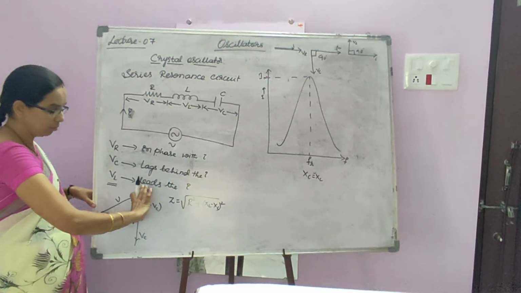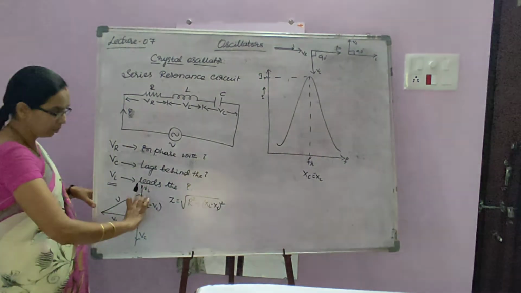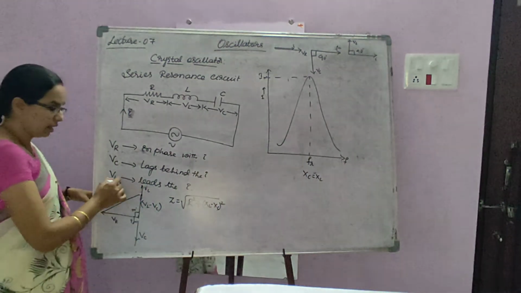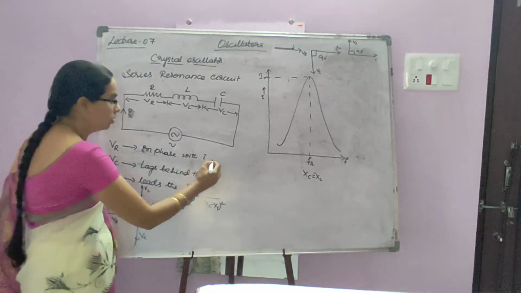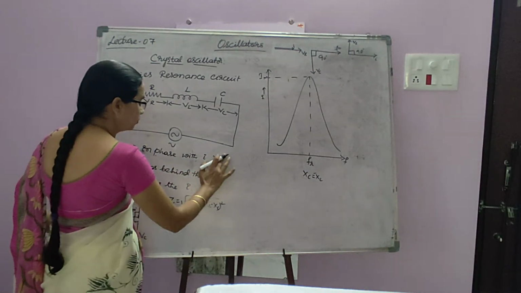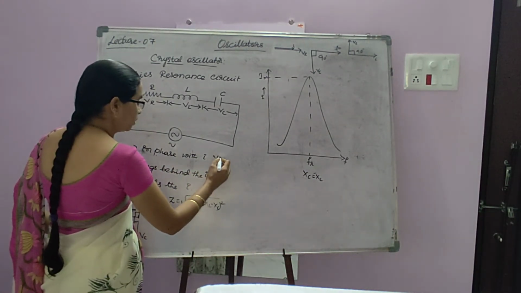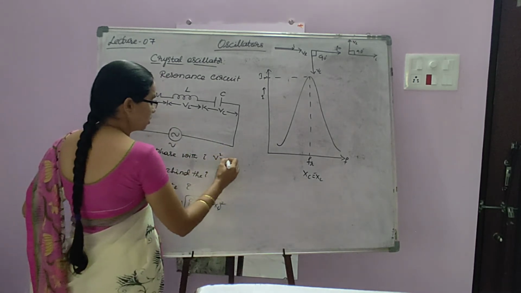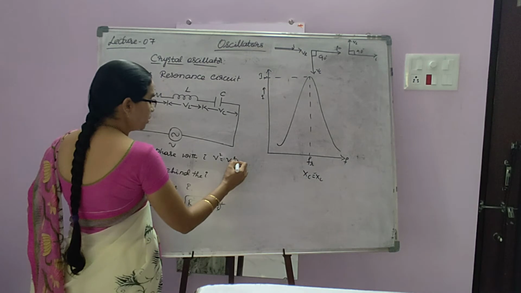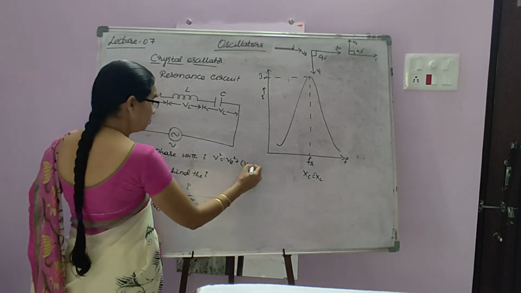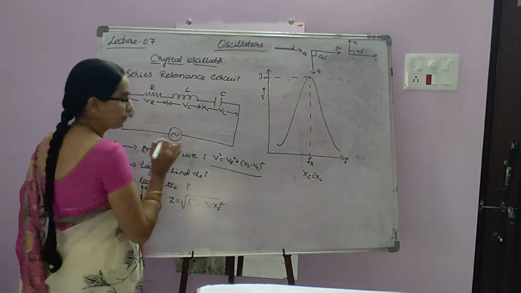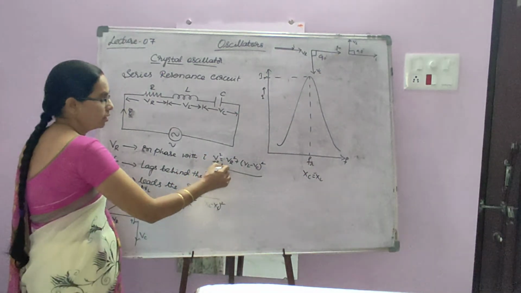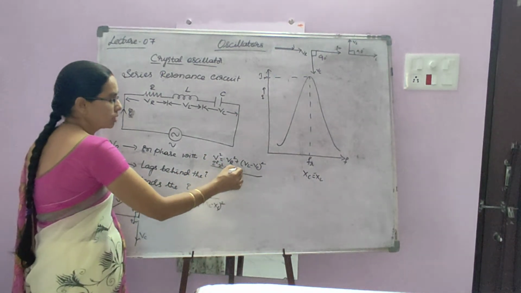By this phasor diagram, V square, the voltage across the circuit, will be VR square plus VL minus VC whole square. We will substitute this as I square Z square, I square R square, and so on.